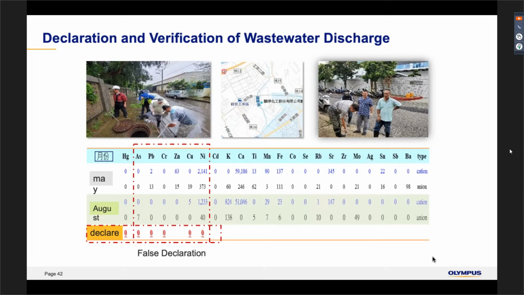Actually, we have to do some comparison with AA and ICP when we use a controlled volume of water, like 1 liter or 2 liters, prepared in the laboratory with a known concentration.